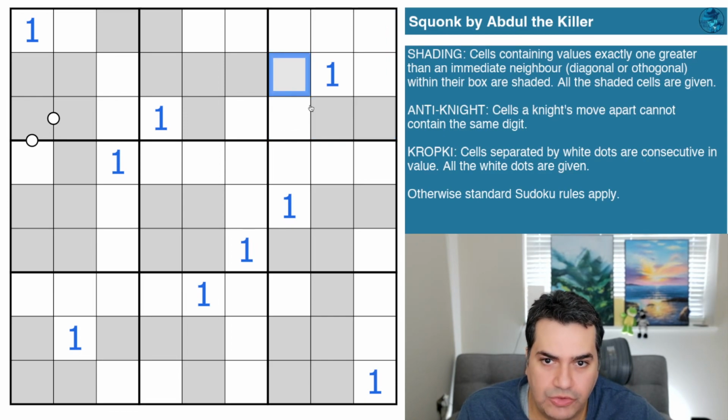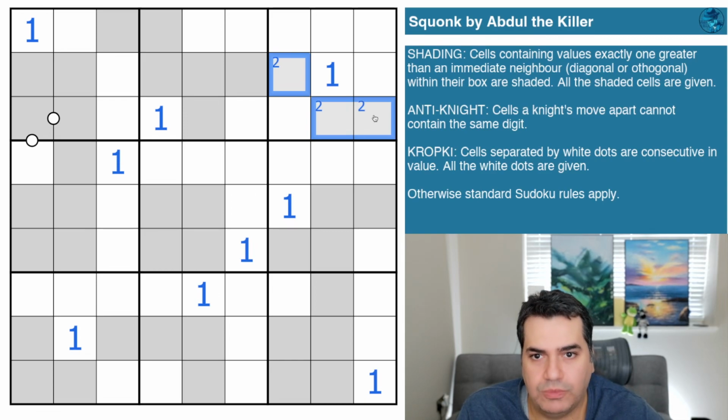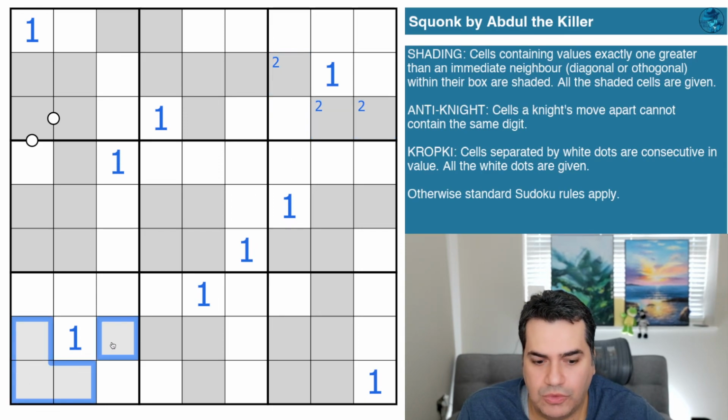So we can actually immensely restrict the 2 by saying they're in there. It has to be. And the same is true of there. There is a 2 in here. Again, it has to be. The 2 cannot escape the 1 in these boxes.